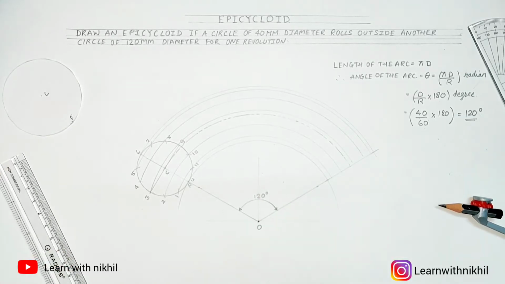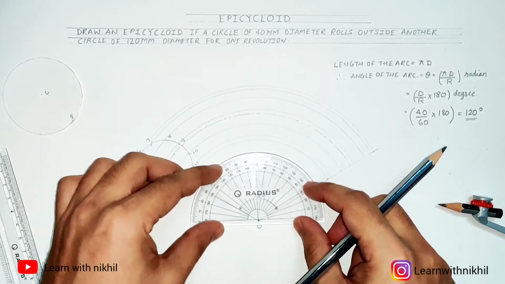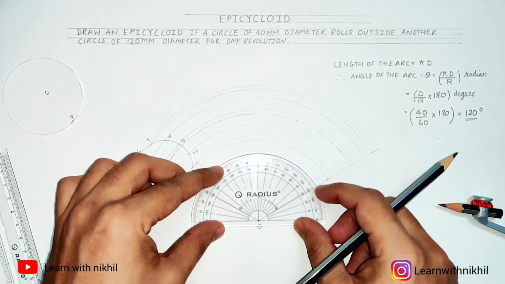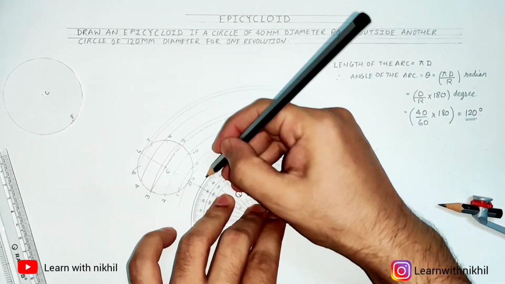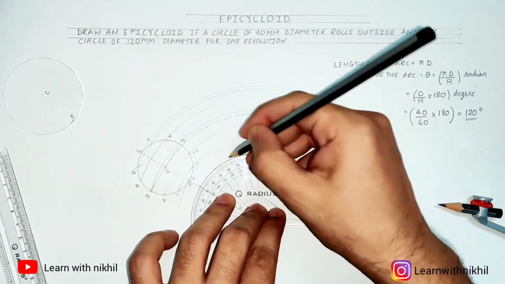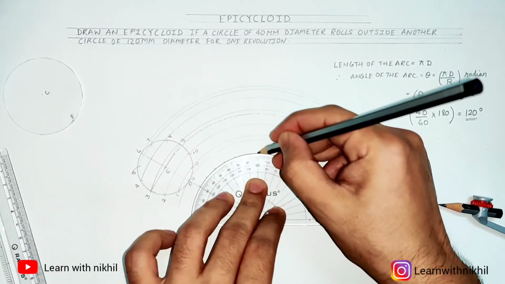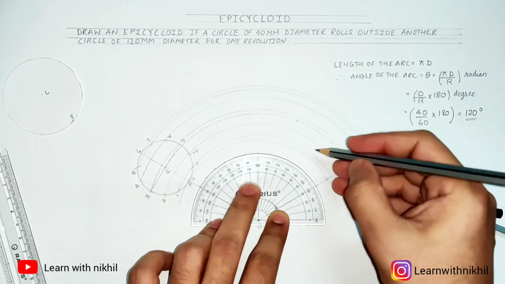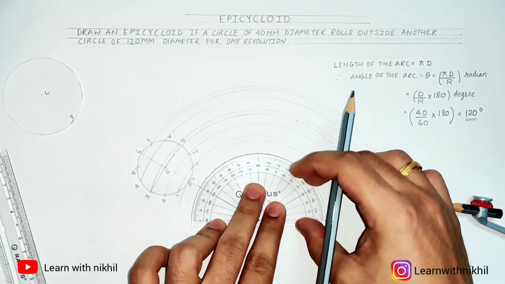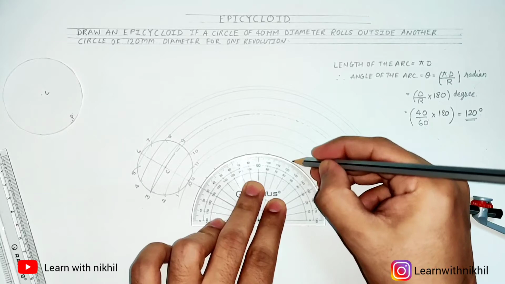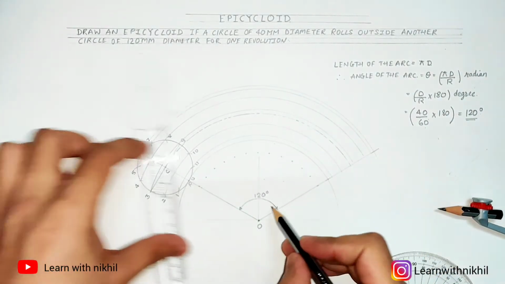Now as we have divided the circle into 12 equal parts, we have to divide the angle 120 also into 12 equal parts. As the angle is 120 degrees, we just have to mark the points 10 degrees apart, as 120 divided by 12 is 10 degrees. Like that, if you get any other angle, like 180, you have to divide that by 12 and mark the points with the answer you get.